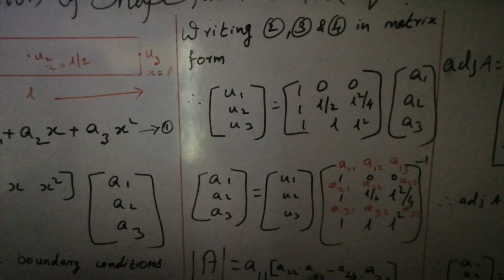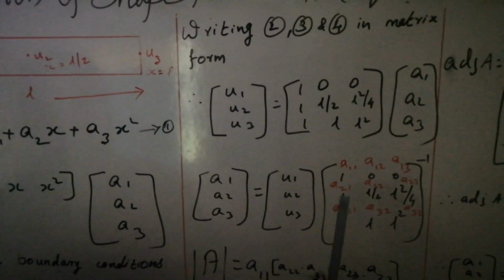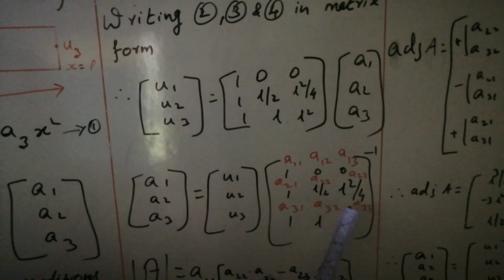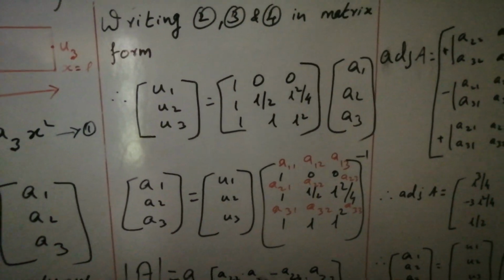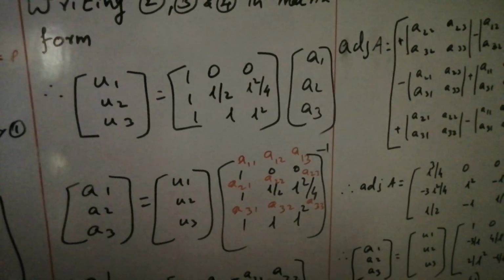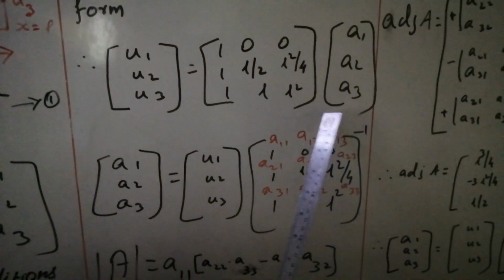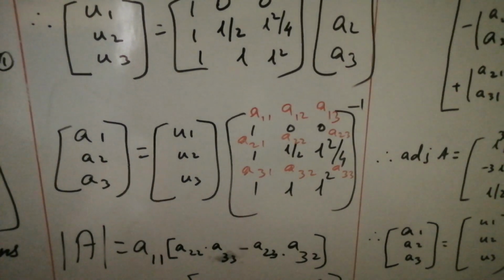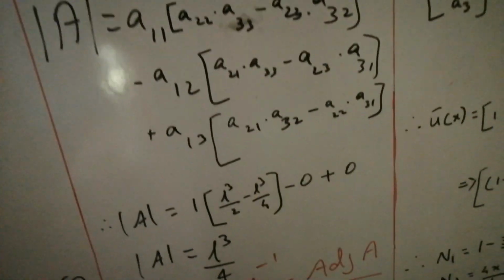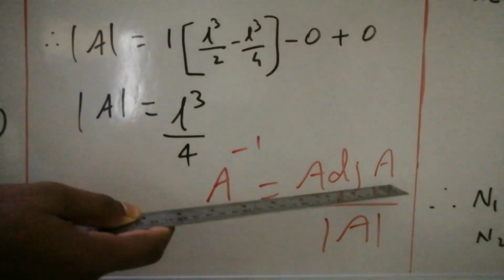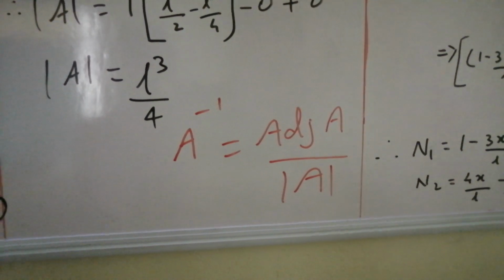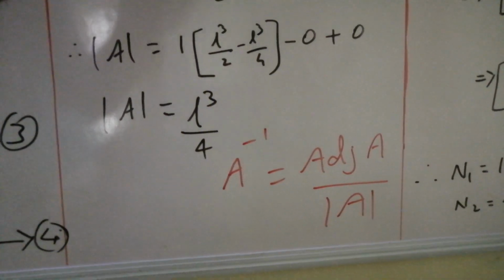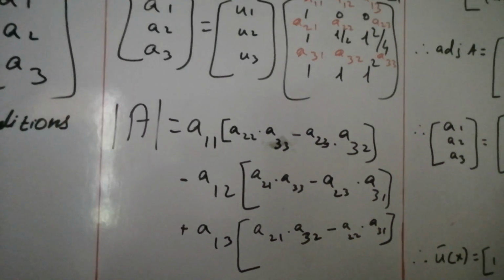You all know that a matrix can be written in a11, a12, a13, a21, a22, a23, a31, a32, a33 format. To get the value of this, we have a specific equation: A inverse equals adjoint A divided by determinant A. Now we are going to find the adjoint A and determinant A of this specific matrix.